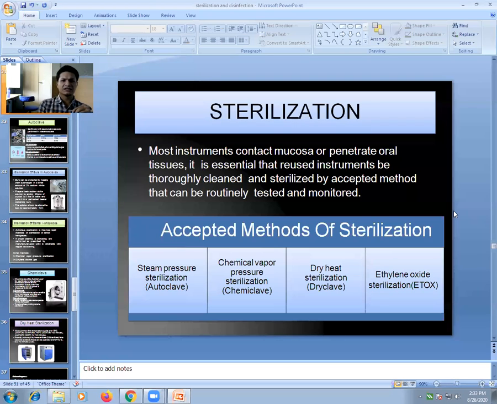Then chemical vapor pressure sterilization, we call it a chemiclave. Then dry heat sterilization, we call it a dry clave. And the next thing is ethylene oxide sterilization, we call it ETO sterilization.